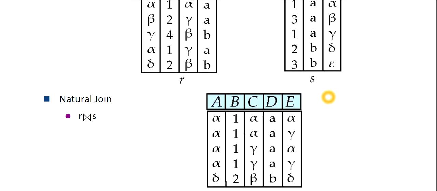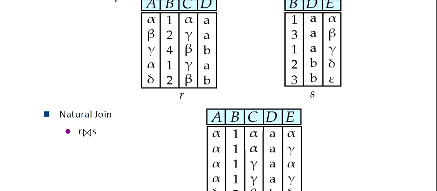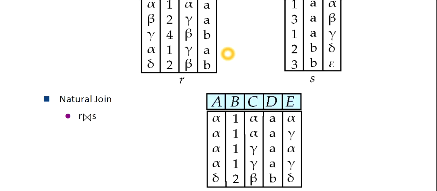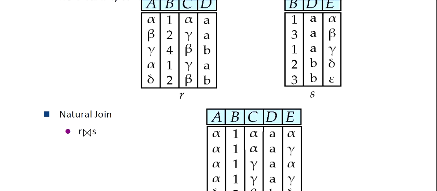We'll take the common values. Alpha, 1, alpha, A, alpha, because you see that B is 1 and 1, and D is A and A, that is the same value. Similarly, other same values you need to analyze, and as a whole, you will find the result. So 1 and A we are focusing on.